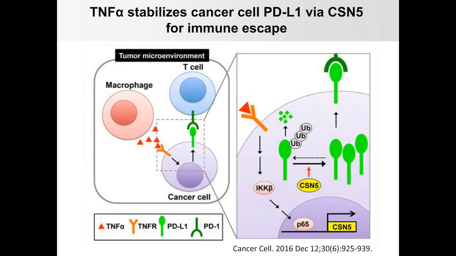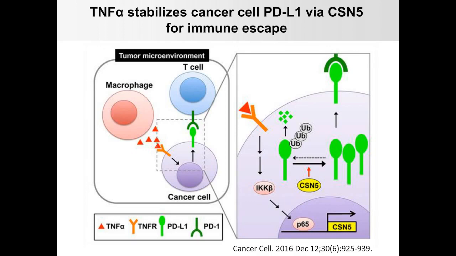We identified that CSN5 is a novel deubiquitination enzyme, and this enzyme will stabilize PD-L1 and therefore induce the cancer cell immunosuppression function.